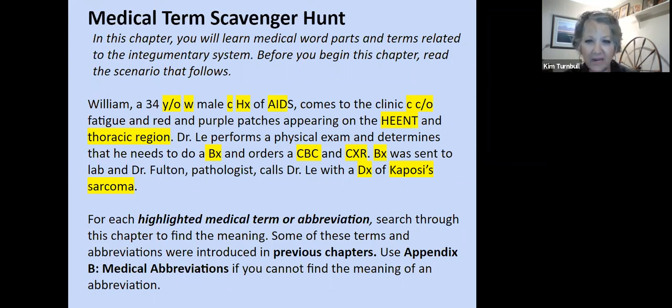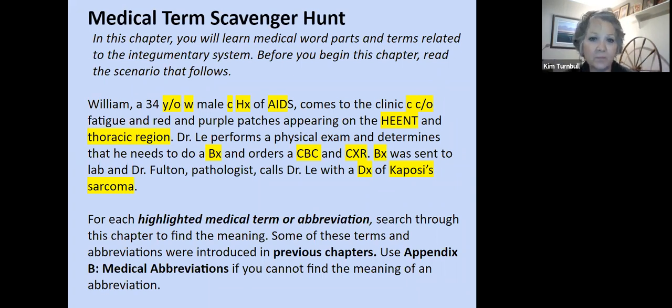These can also be developed on your own, but this might be a great way for them to dive into the textbook and find these different word parts and terms, regions for this one right here, and a ton of abbreviations. It brings all of what they're going to learn to a big fat little example in real life.